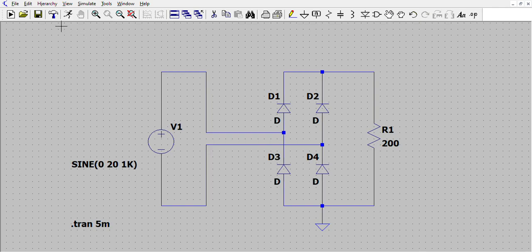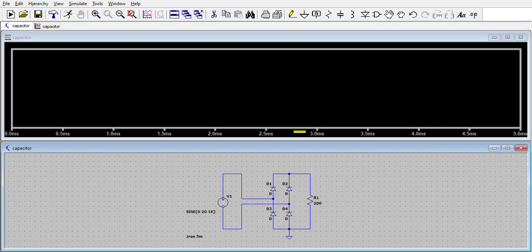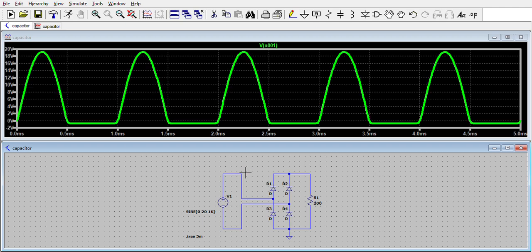Firstly, after we construct it, we run it and we can measure. We take the input measured data first, and we got a half sine wave.